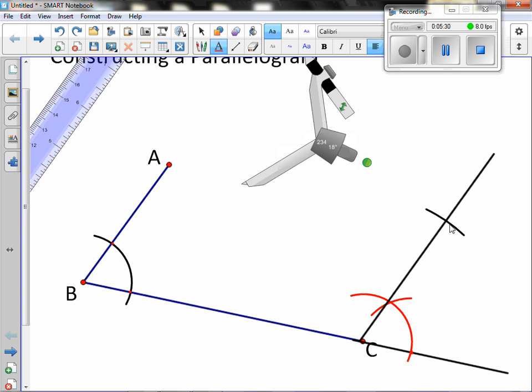And I just found another vertex to my parallelogram. We'll call it D. It's the intersection of that arc with those two sides.